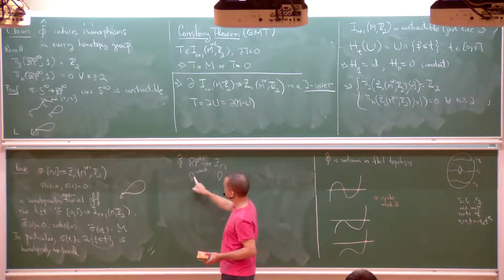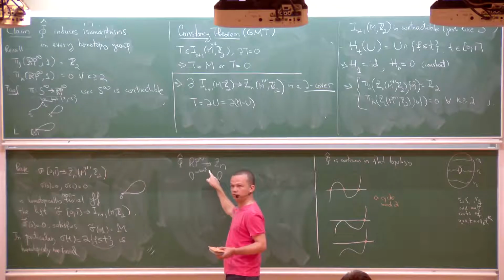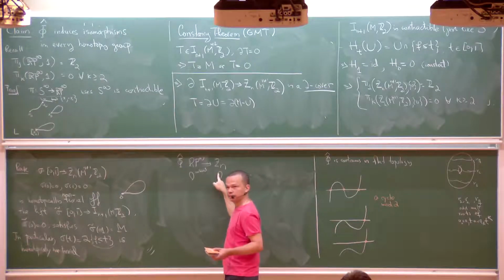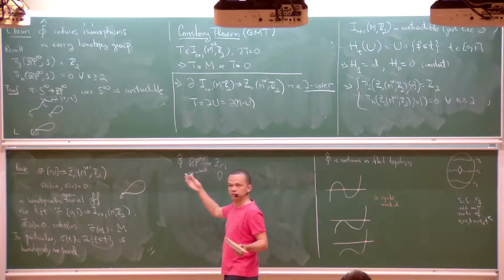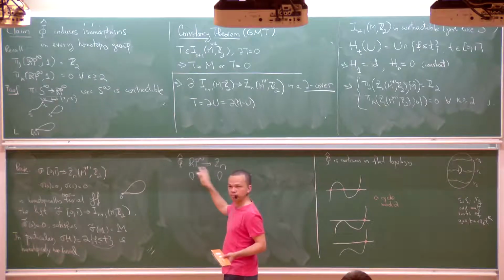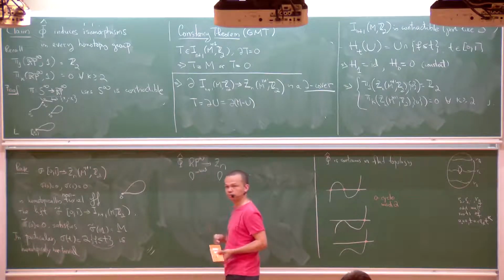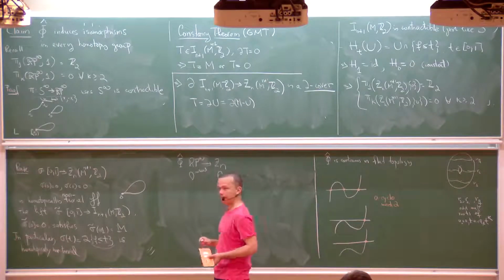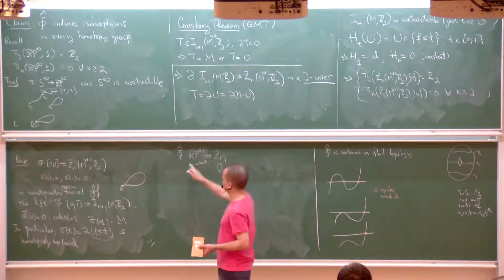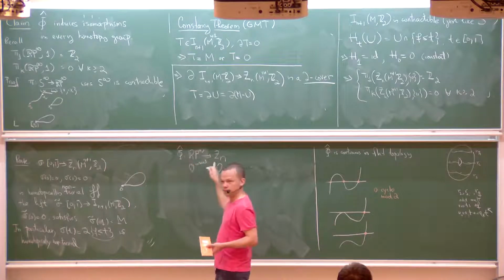So phi hat sends a generator of pi 1 of RP infinity into a generator of pi 1 of Zn. And for the higher homotopy groups, you don't need to care because both are trivial. So phi hat really induces isomorphisms in every homotopy group. That particular map that I wrote does this.